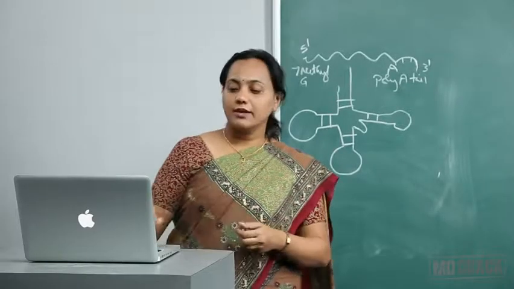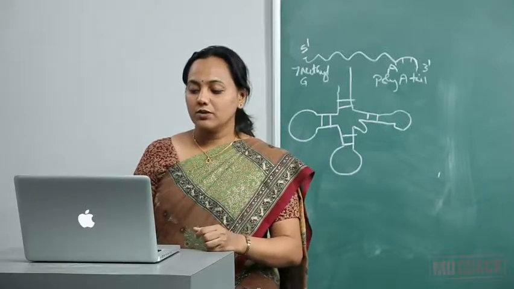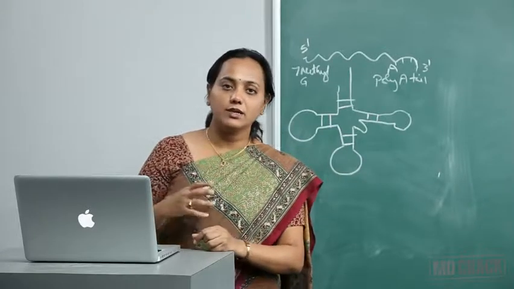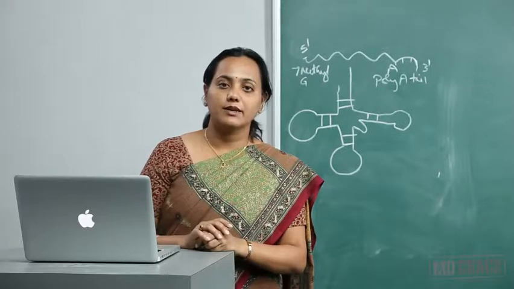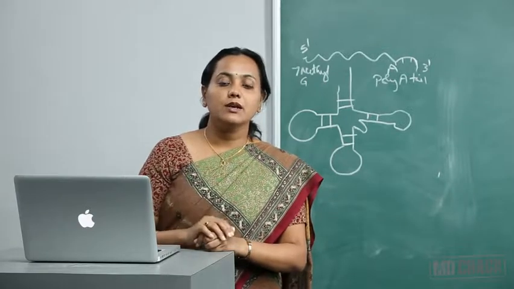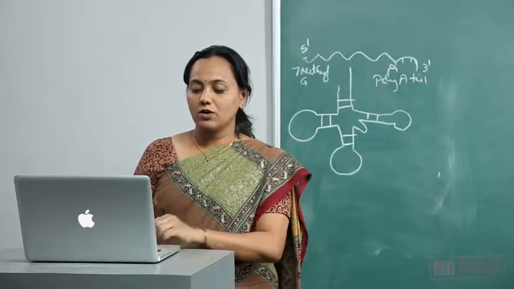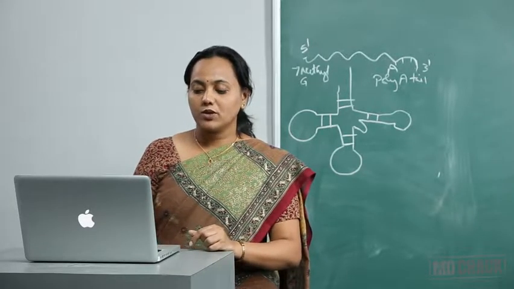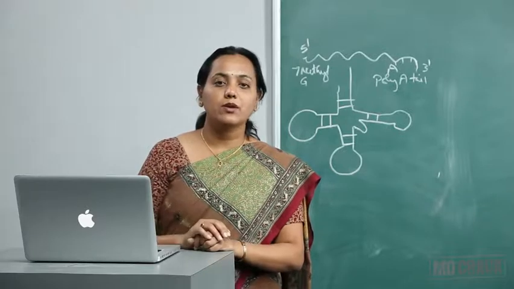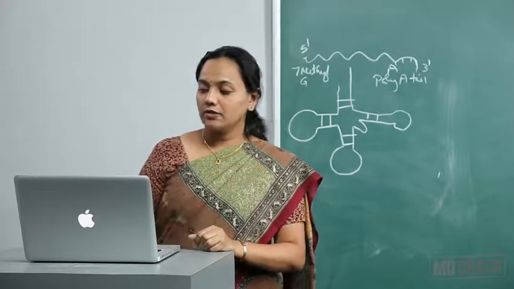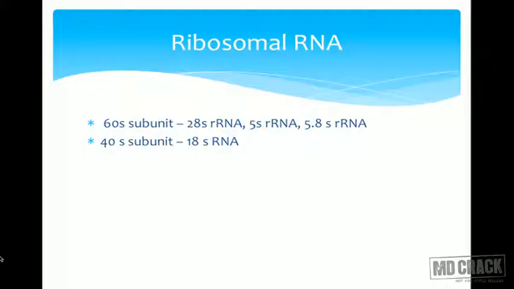Small nuclear RNA, where are they present? Small nuclear RNA are present in the nucleus, hence the name snRNA, and their main function is in splicing. So for right now, just remember that ribosomal RNA is around 28S rRNA, 5S rRNA, 5.8S, 18S, etc.